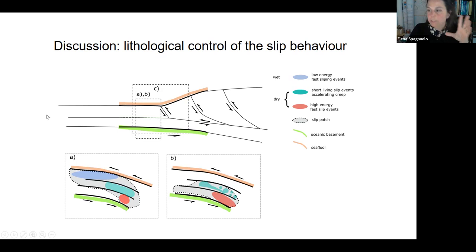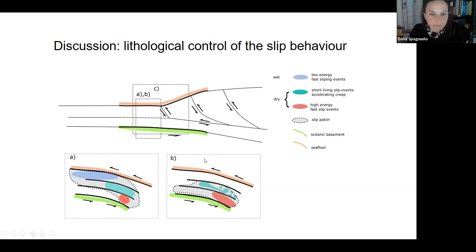One first hypothesis can be that, for example, in the shallowest part, we will have these wet clays that can propagate small but fast slip events, releasing low energy. Then underneath, we have short-living slip events that produce these accelerating creep events. On the bottom part, we have this material which is really strong and can produce high energy and release the energy in fast slip events. So the final behavior of these thick sediments is going to be regulated by the interplay between these lithologies.